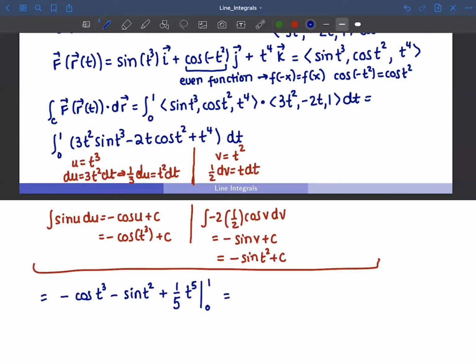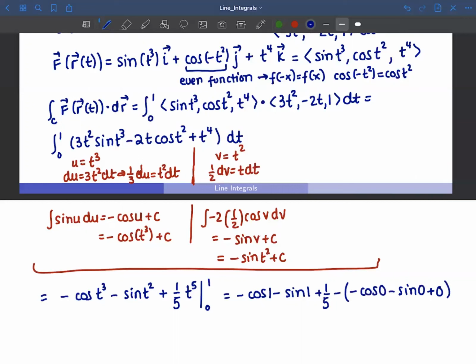So for t equal to 1, we have negative cosine of 1 minus sine of 1 plus 1/5. And then we have minus, for t equal to 0, negative cosine of 0 minus sine of 0 plus 0.